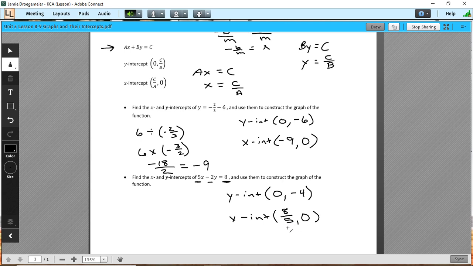It would be 8/5, or we could simplify it to 1 3/5. We could also think of that in decimal form. It would be 1.6. Any of those are fine, but that would be my y and x intercepts. So I could plot those 2 points on the graph, draw the line in between.